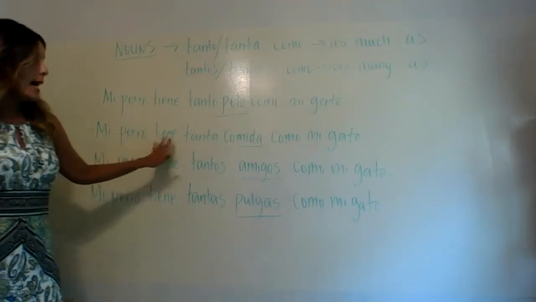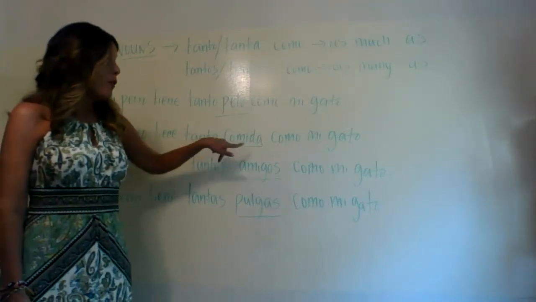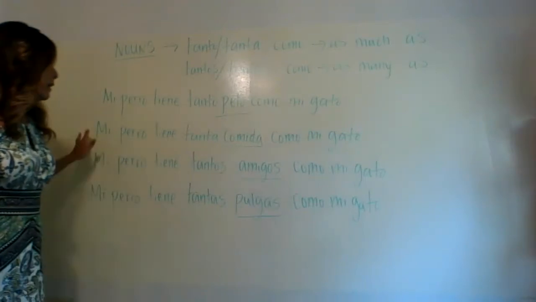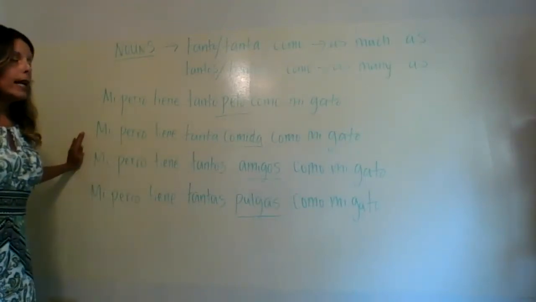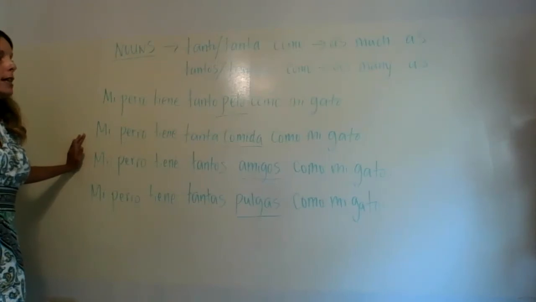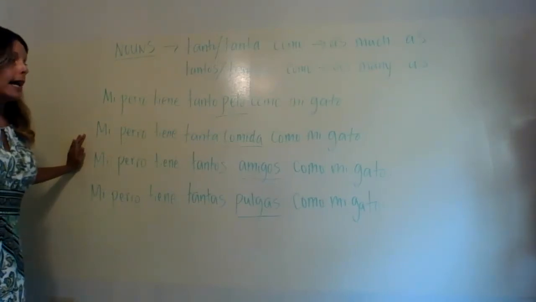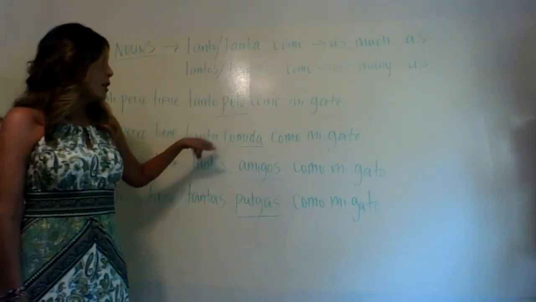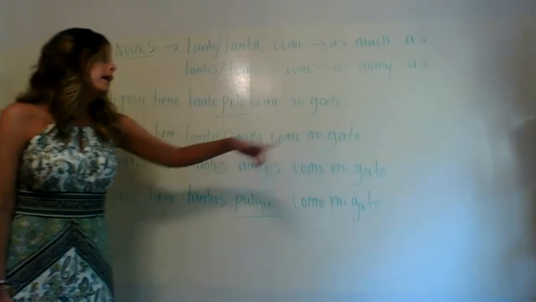My dog has as much food as my cat. That would be your example of this usage when it's feminine and singular. So again, my dog has as much food as my cat.